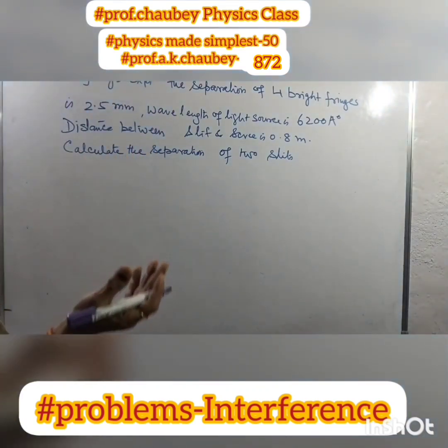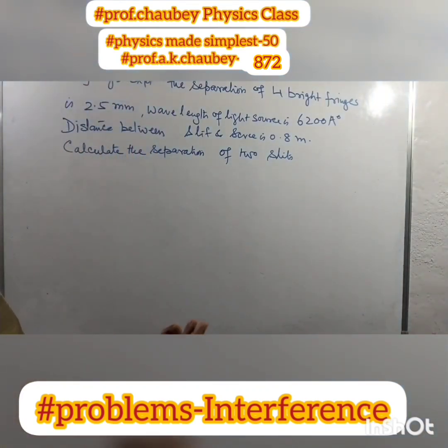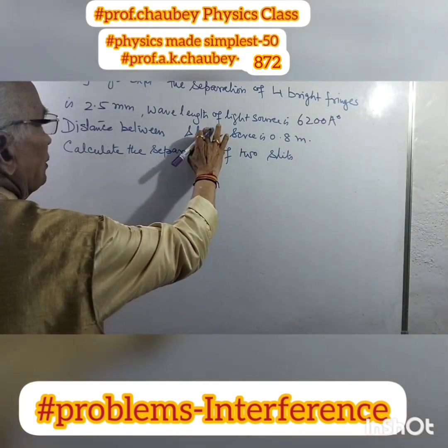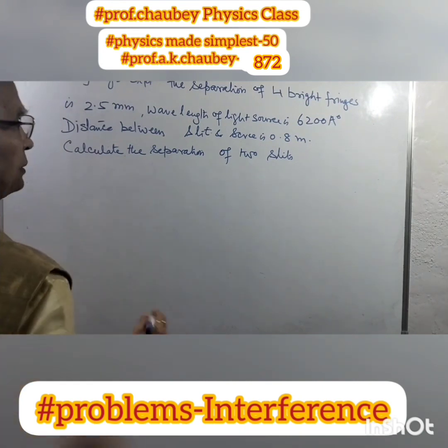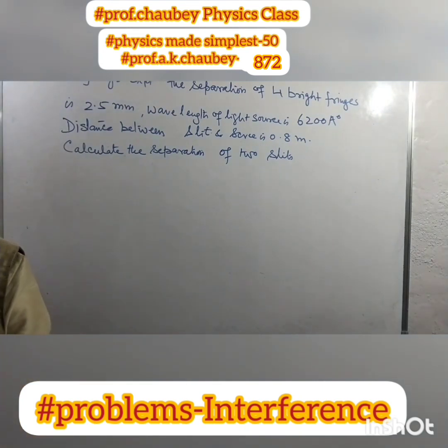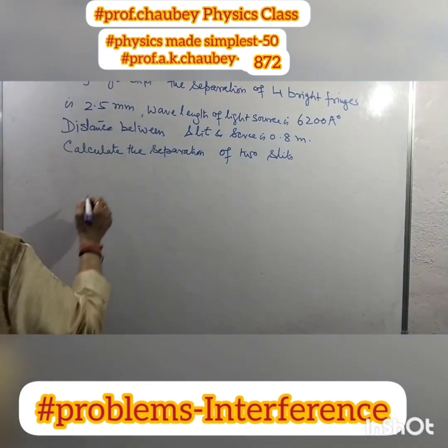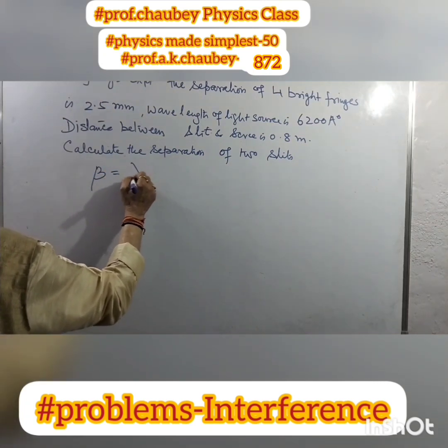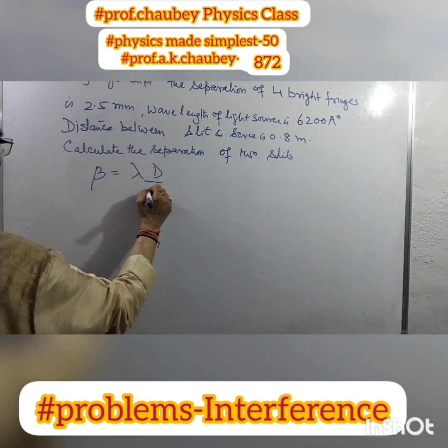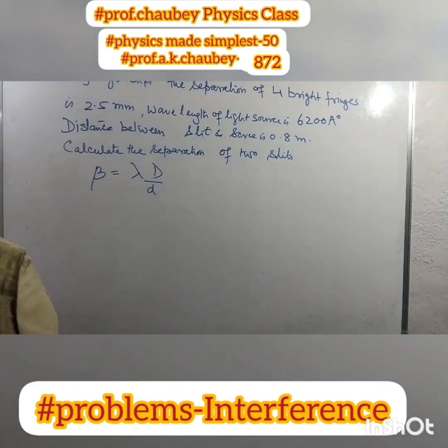Friends, this is again simple substitution of the different values. You have to calculate the distance between two slits, small d, and other parameters are given. Beta is equal to lambda D upon d, so use this formula.